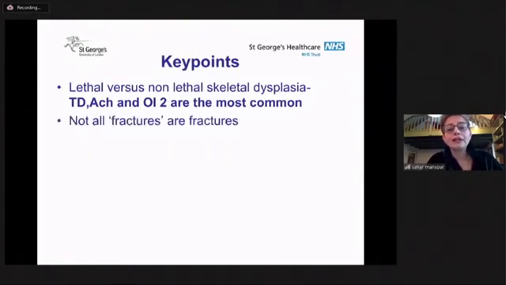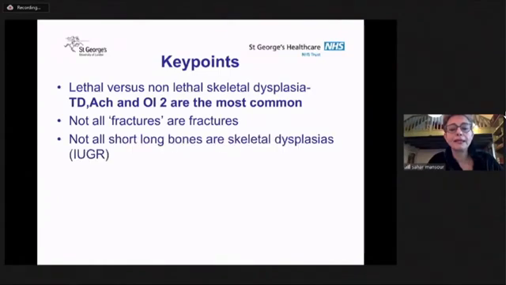Remember that not all bones that look fractured are fractures. So think about the differential, and I think exomes are useful in this scenario in a non-lethal form of skeletal dysplasia. And not all short long bones are skeletal dysplasias, so intrauterine growth retardation can present with disproportionate short long bones in the third trimester.